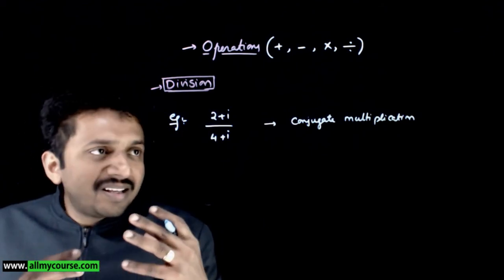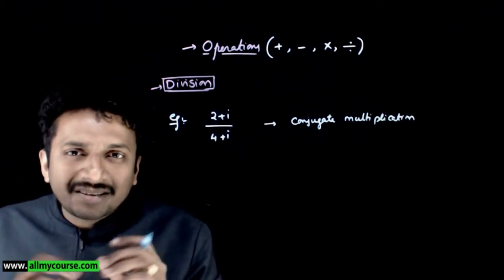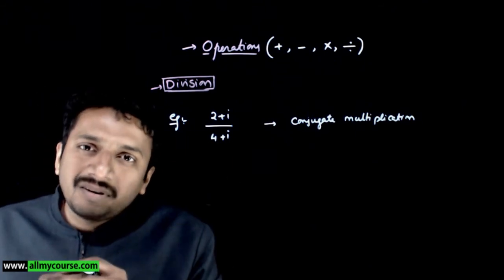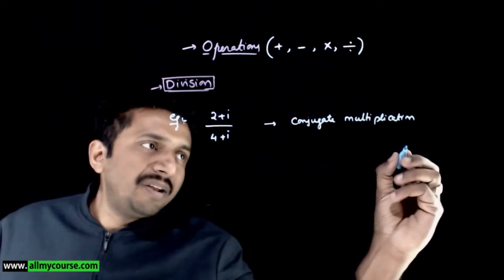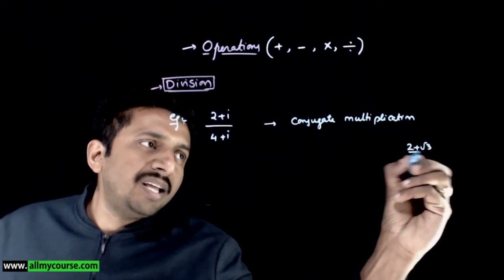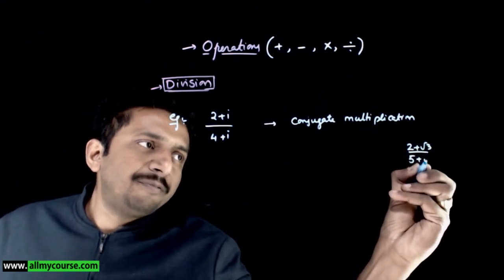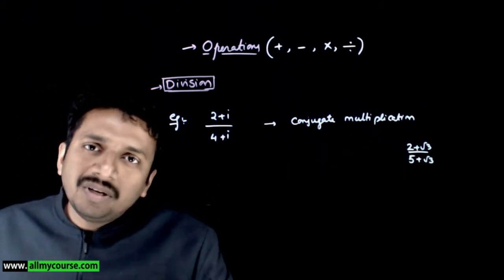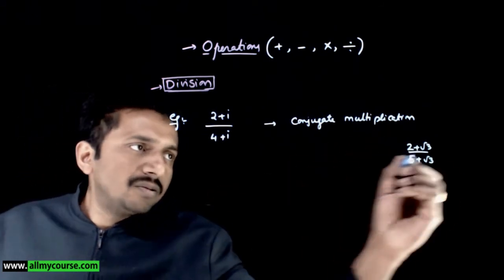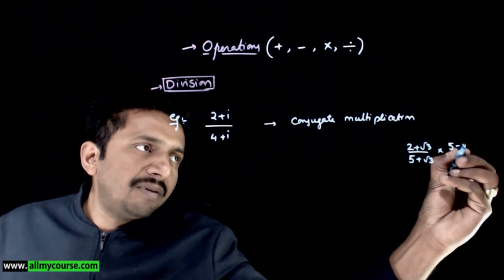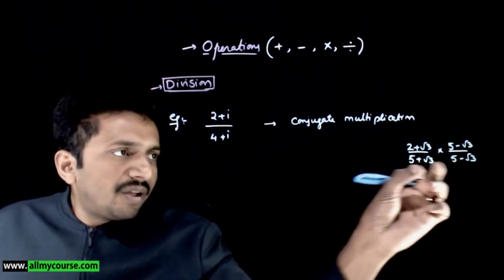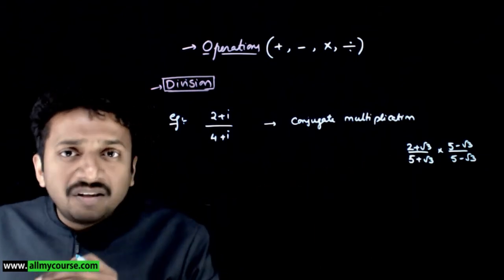This is approximately the same as the rationalizing factor which you use for division of surds. For example, if you have (2 plus root 3) by (5 plus root 3), how do you divide these two irrational numbers? We multiply and divide with 5 minus root 3, where 5 minus root 3 is called the rationalizing factor.